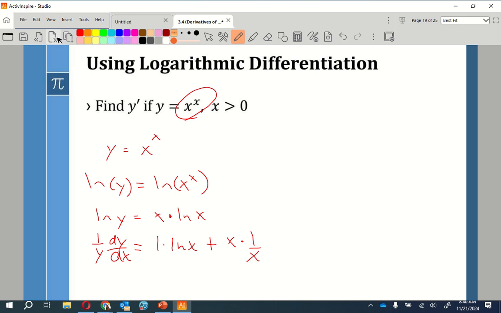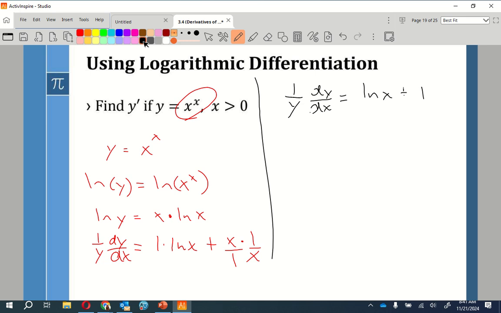All right, let's clean it up a little bit, because right here, it's going to go there. So now, I'm going to have 1 over y dy dx is equal to ln x plus 1. And see how I got the plus 1? Because over here my x's cancel, right?